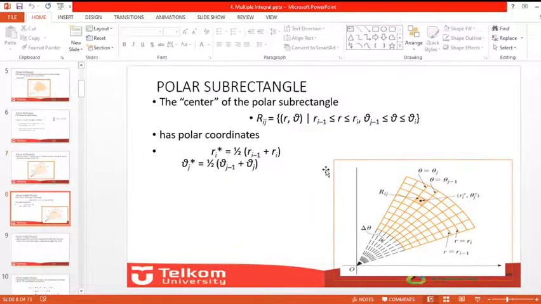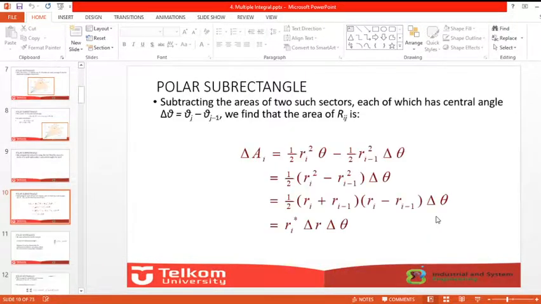From here we can determine that the area is a half of (r_{i-1} plus r_i) times delta r, and also delta theta. So we can find this area, and from that the whole area delta A should be r times delta r times delta theta.